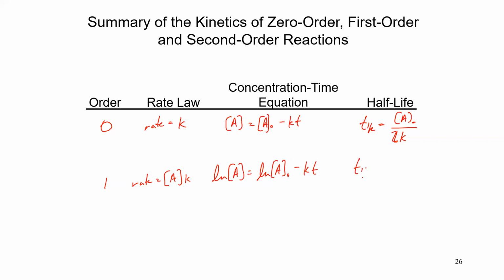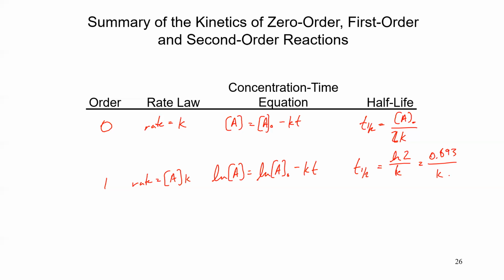And this half-life is the one that doesn't depend on the initial concentration at all. We just get the natural log of 2 over k, and we said that we can simplify that a bit more if you'd like. That's 0.693 over k.